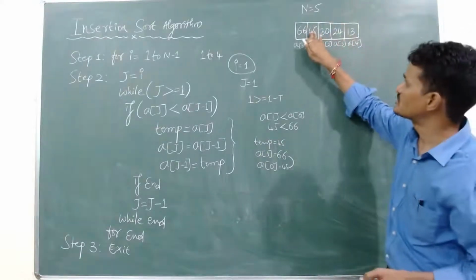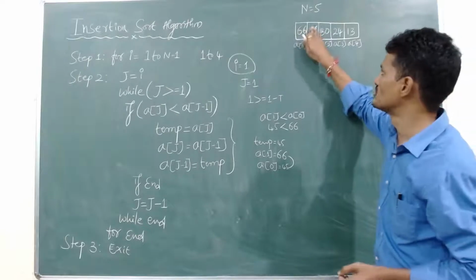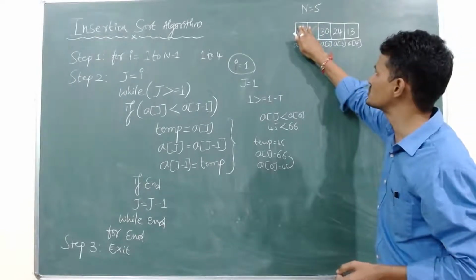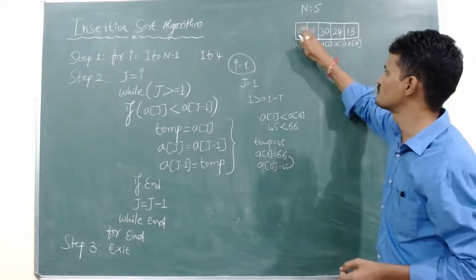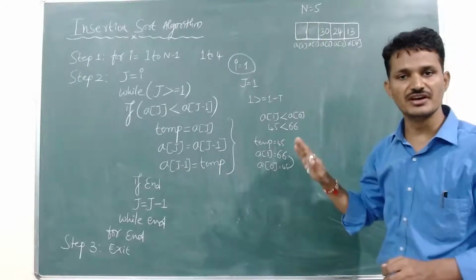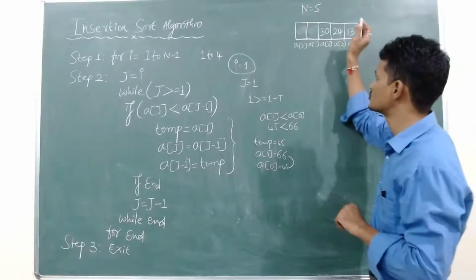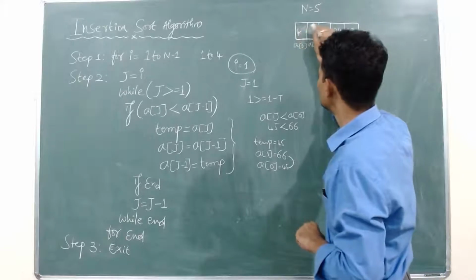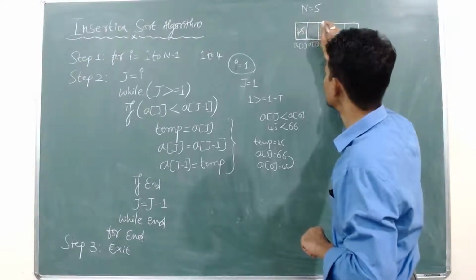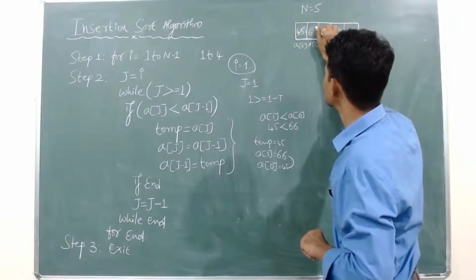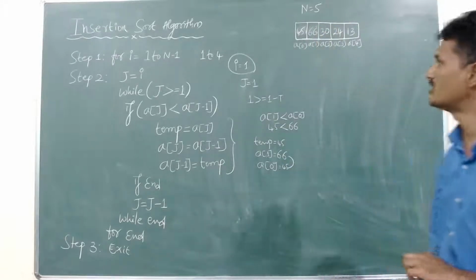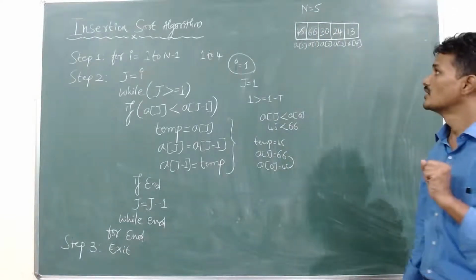Now, this 45 will come here and 66 will go here. I will just interchange these two values. The remaining three values will be fixed in their positions. 45 will come here and 66 will come here in a of 1, right?